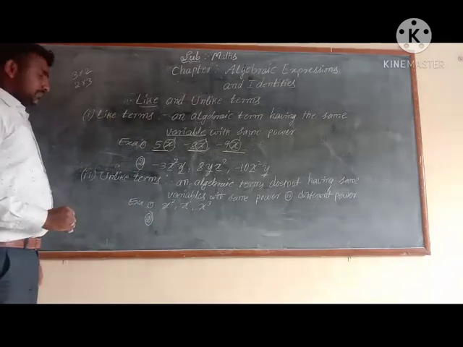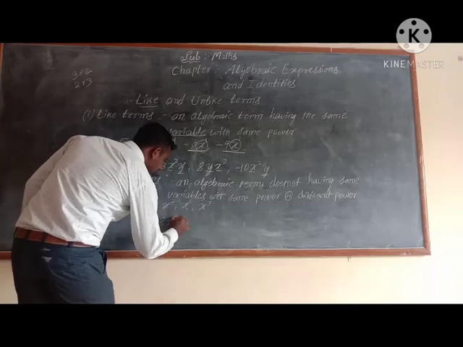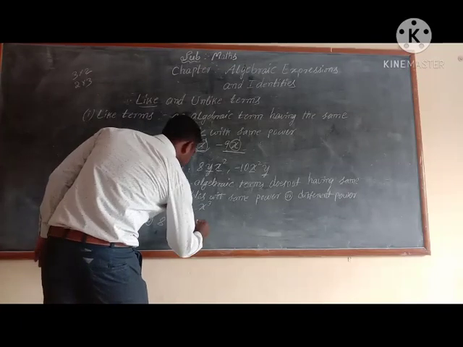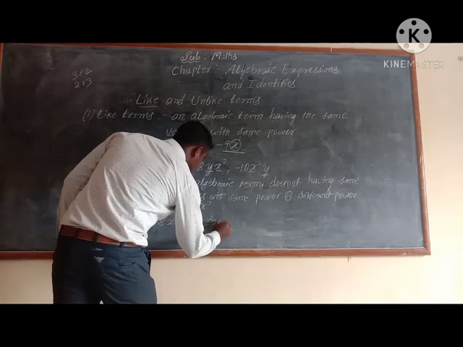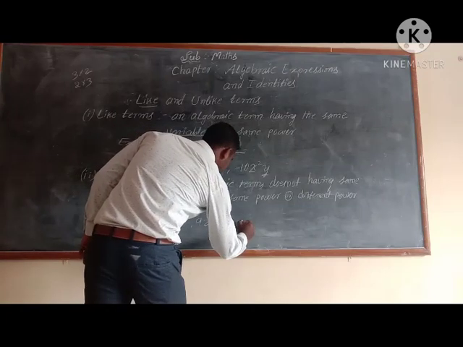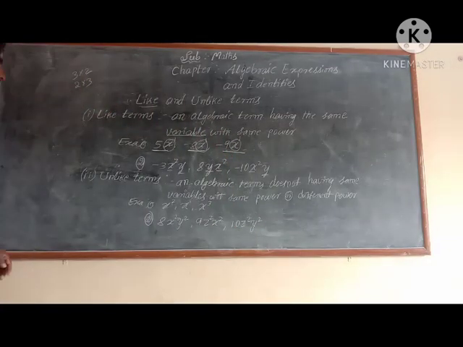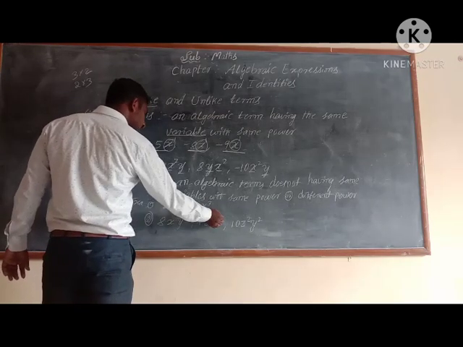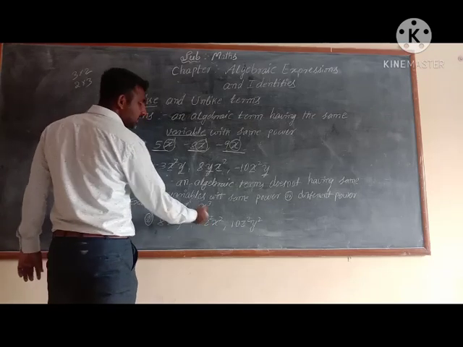Example 2: 8x square y square, 9z square x square, 10z square y square. We see that x is there in the first two and the power is the same, but in the first term y is there and in the second term z is there.